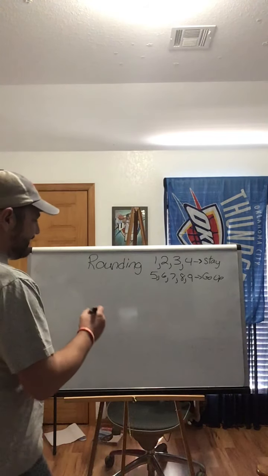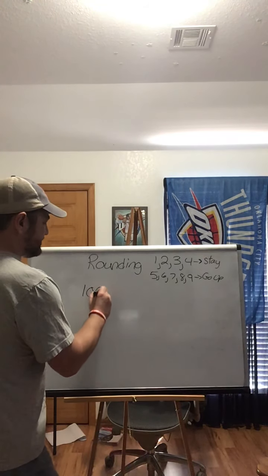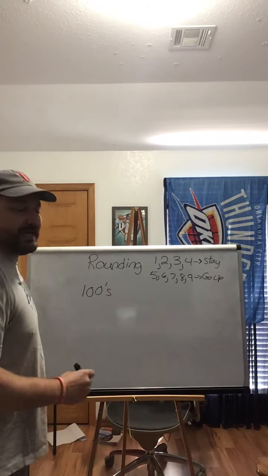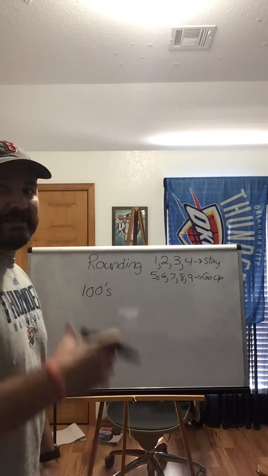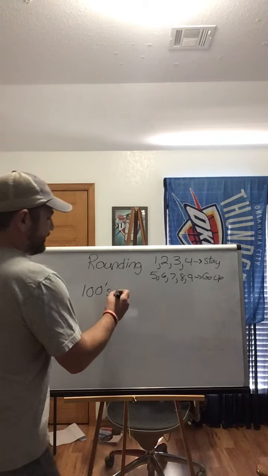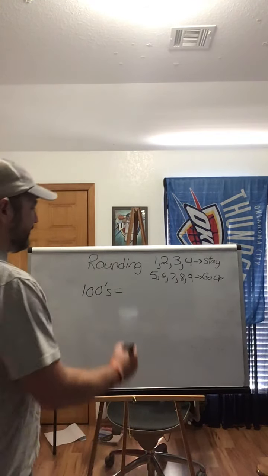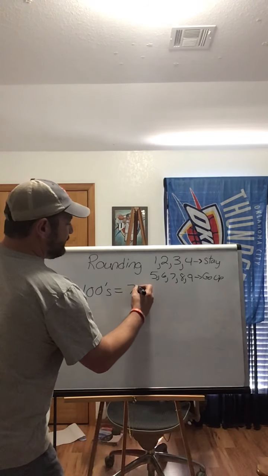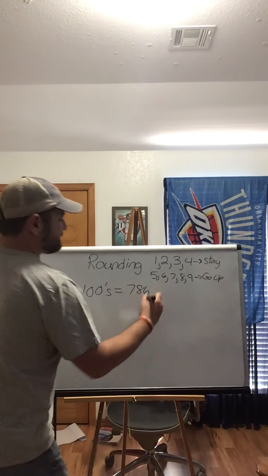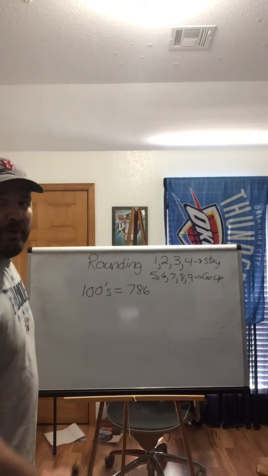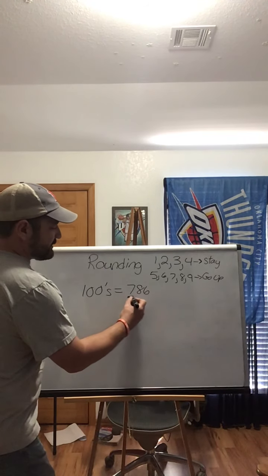So yesterday in our talk, we did hundreds and tens. Today we're going to do hundreds again, then we're going to go up to thousands and 10,000. So here's the way it goes. If you're rounding to the hundreds place, here's how you do that. 786. Let's pretend that's our number. What do we focus on? We focus on our 7.